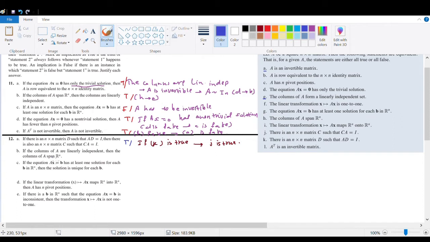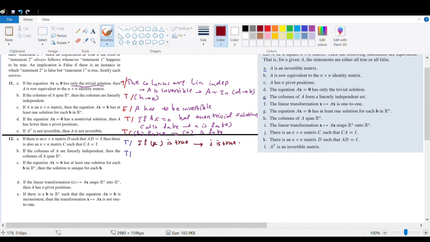This one is true because the columns of A form a linearly independent set. Then that means A has n pivot positions. Also, the columns of A span Rn. So B is true.